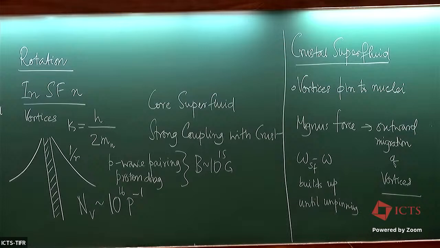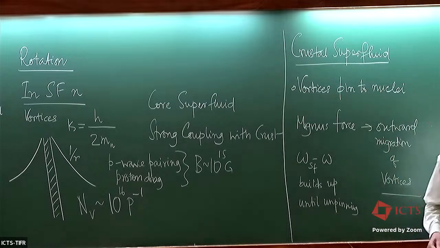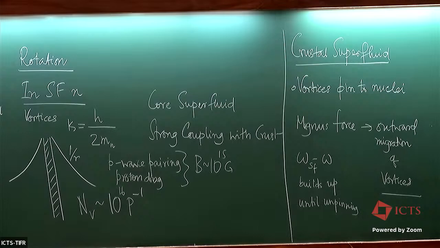As soon as vortices unpin, because of the Magnus force, they're going to move out. If they move out, then the number density of vortices goes down, which means the superfluid angular velocity goes down, which means the superfluid angular momentum goes down.